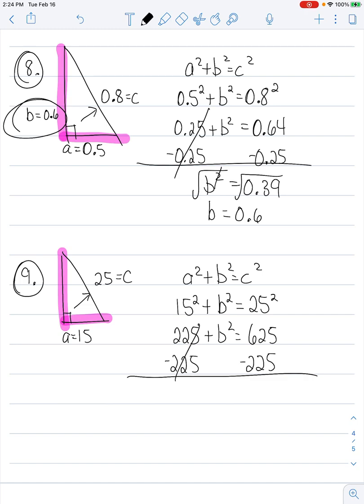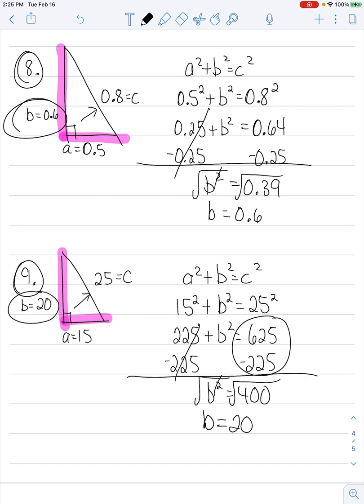That's why I do that. I'm doing the opposite. So b squared equals 400, because 625 minus 225 is 400. And my last step on the calculator is to take the square root of 400, and you get 20. So my missing side, which is b, equals 20.